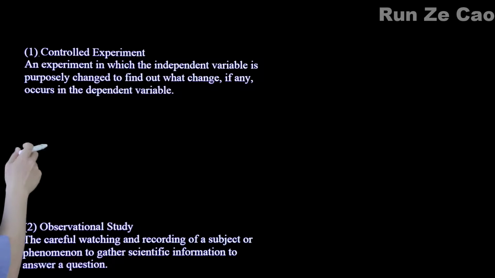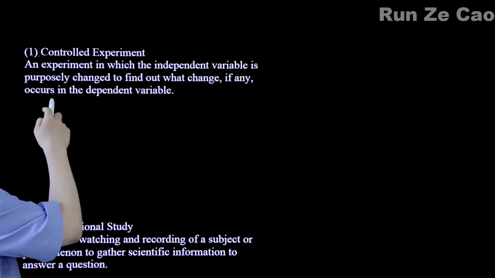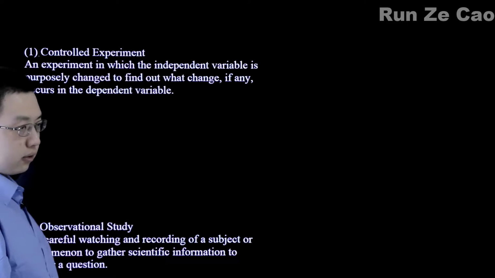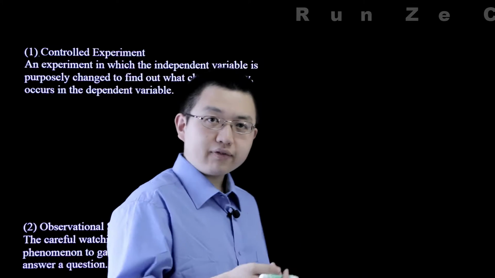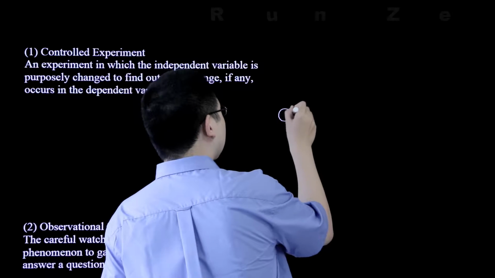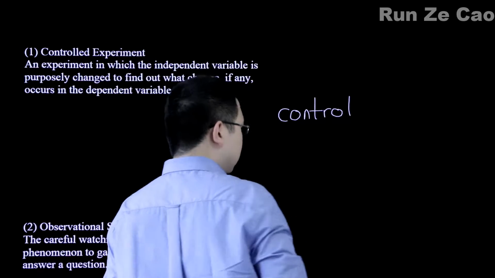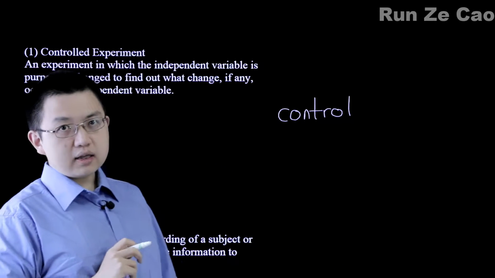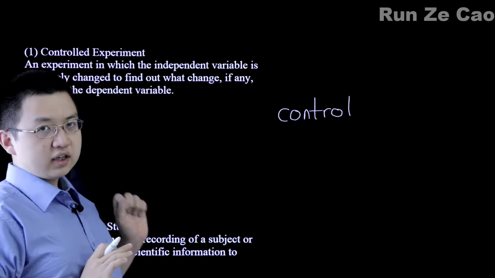Now, a controlled experiment has the independent variable purposely changed. Now, if you've ever done a controlled experiment, which I hope you have, you may have heard of this thing called a control. The control is the exact same procedure, but the beginning is a certain condition.